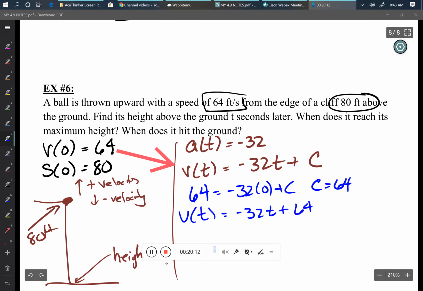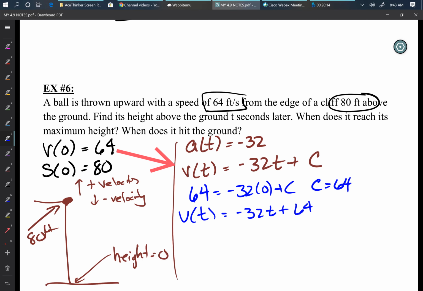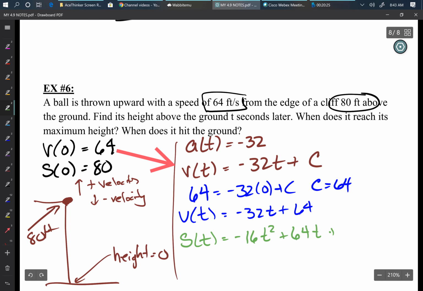And then from there, I can go back to s by taking another antiderivative. So s of t is equal to negative 16t squared plus 64t plus d.